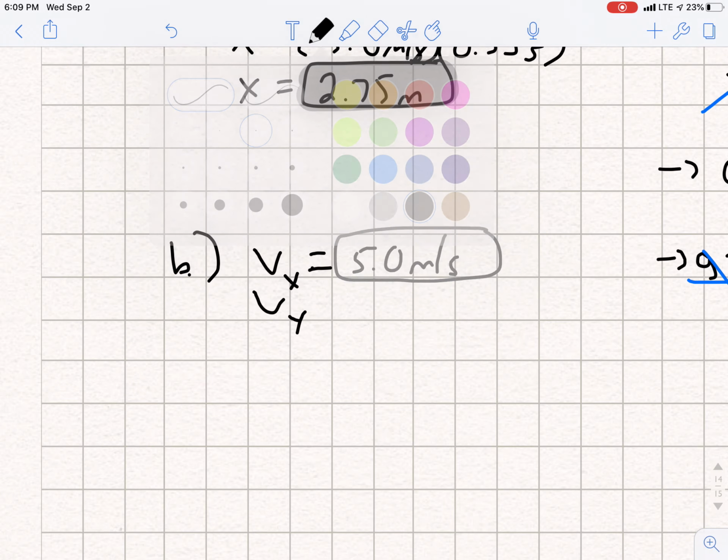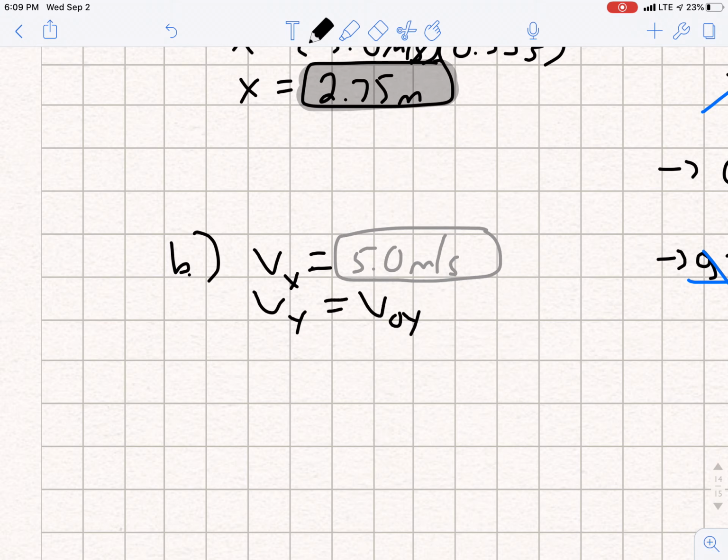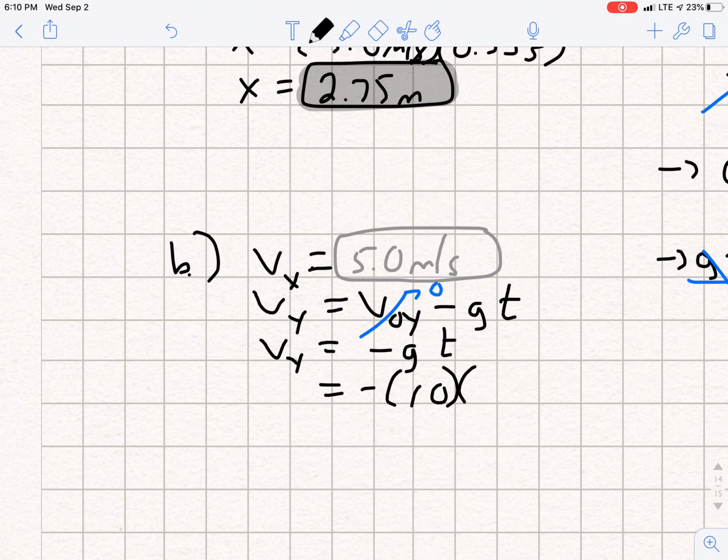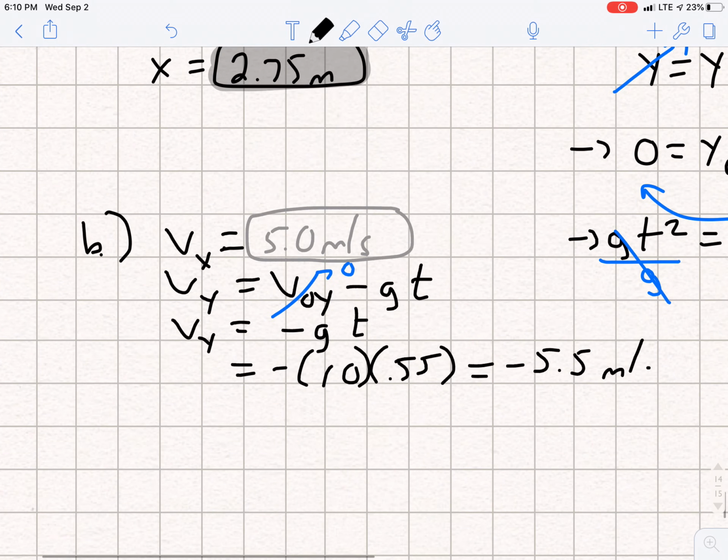And for Vy, we can use the equation V naught y minus gt. Canceling this, we get Vy is equal to negative g times t, or negative 10 times 0.55, or negative 5.5 meters per second. This means 5.5 meters per second going downward.